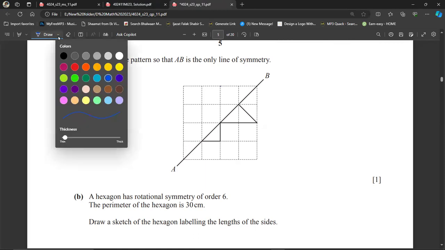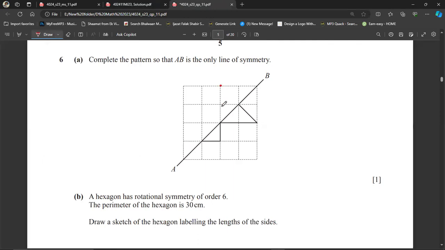I will put a dot here. Let me increase the size now. I put a dot here. Let me make it red. So I'll put a dot here, and this point. So I will join this like this. Then this point is half a diagonal here, so it will be half a diagonal here, and then this point. So join like this.